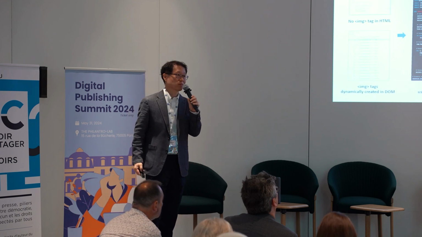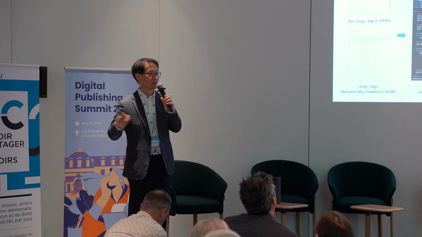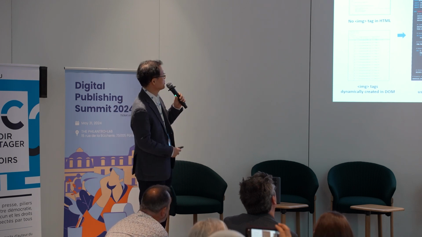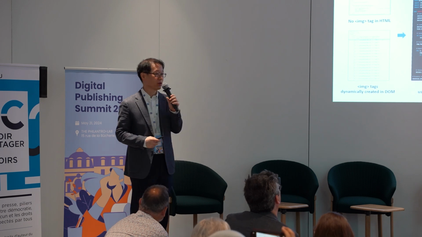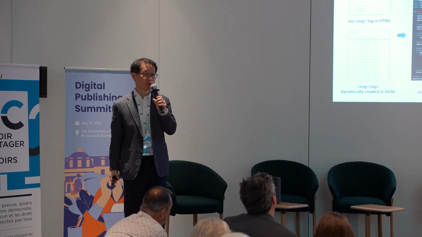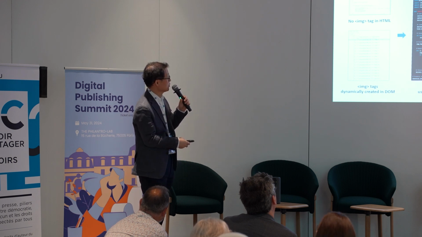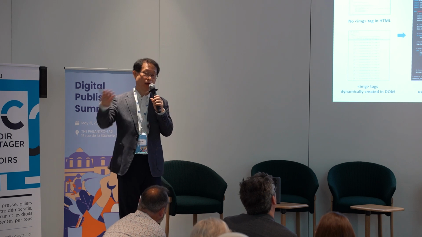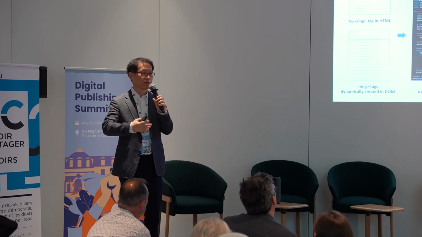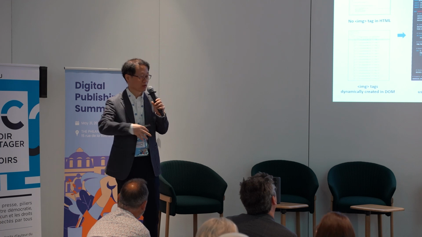But static HTML is not good from the production point of view. A content service provider can make dynamic HTML. That means the source URL cannot be seen in the static HTML, but after loading, the content is created and generated on the client side.